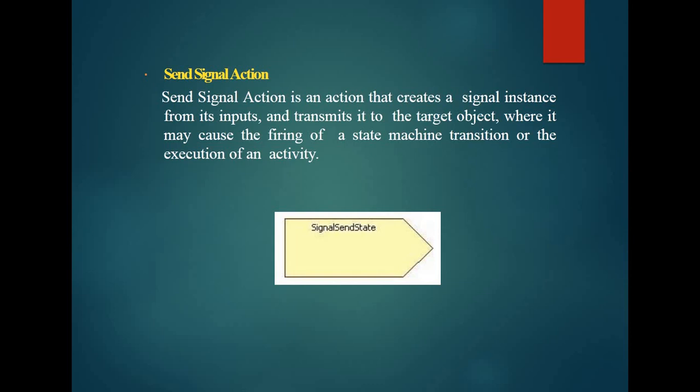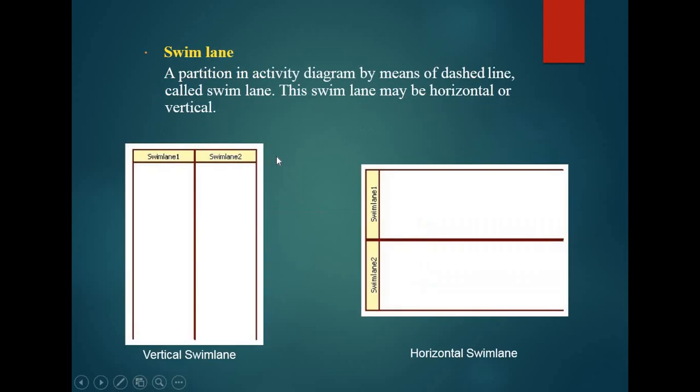Send signal action. This is the send signal action. Send signal action is an action that creates a signal instance from its inputs and transmits it to the target object, where it may cause the firing of a state machine transition or the execution of an activity.